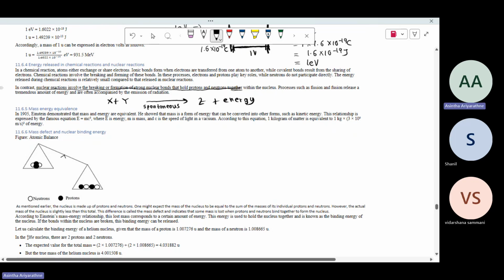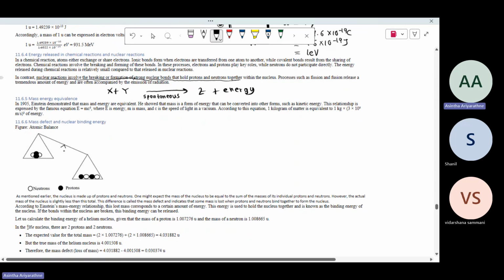This happens inside the nucleus. These nuclear bonds keep the neutrons and protons all together, so they are very strong.